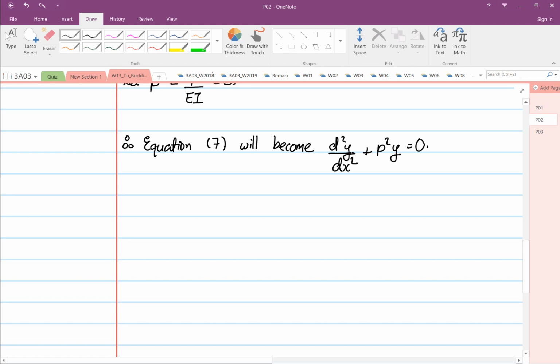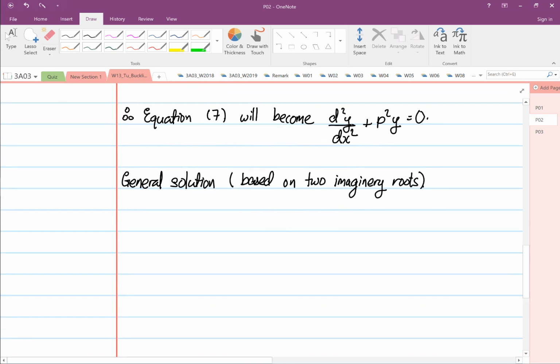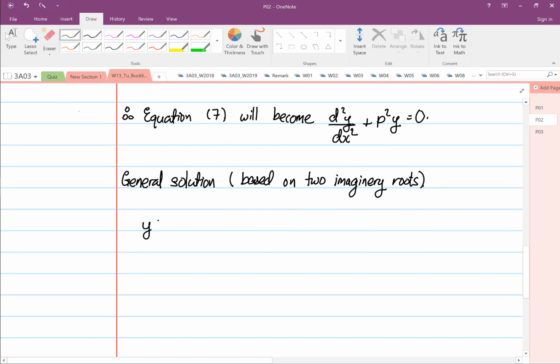For this case, the general solution, based on two imaginary roots, we know the function, so this is a general solution.